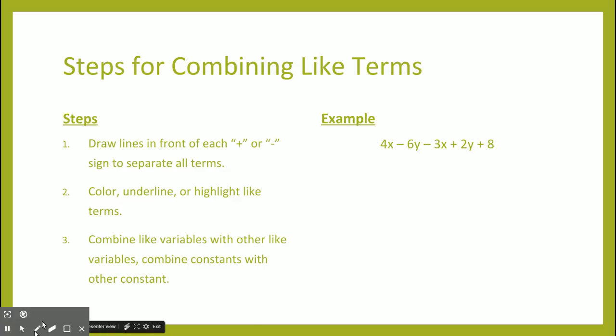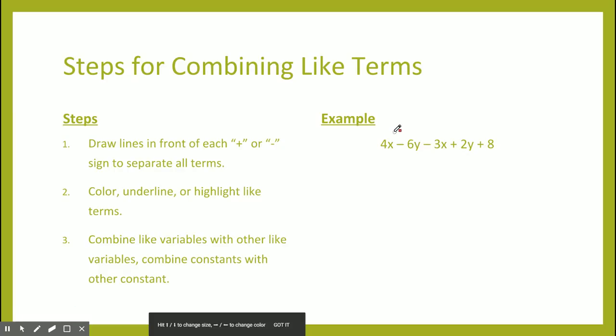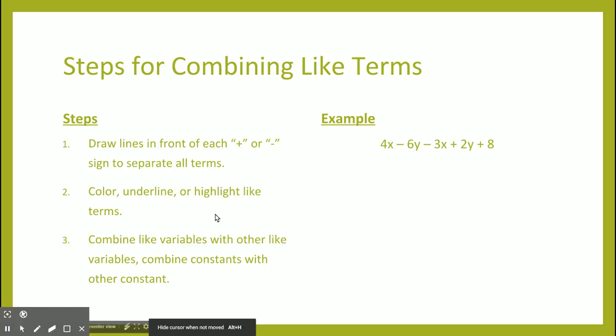Each term, like we talked about last time, is everything that is basically the term and then the sign in front of it. So for instance, we've got 4x is a term, negative 6y is a term, negative 3x is a term, 2y is a term, and so is 8.